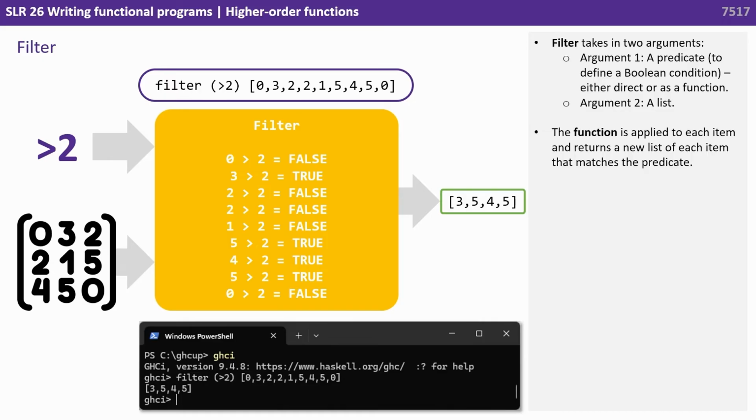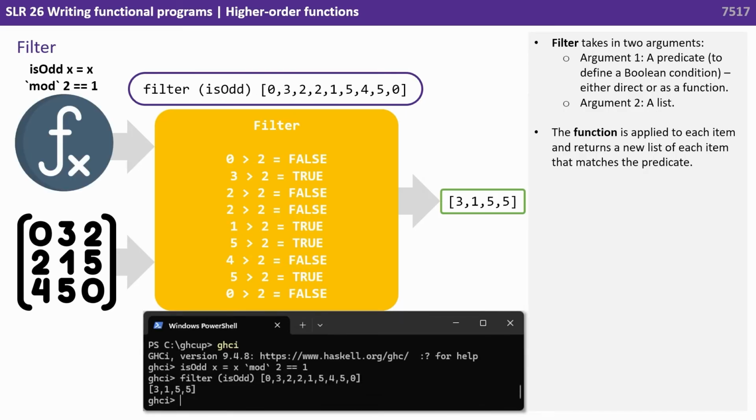So here we are filtering, we're using the command filter, and then brackets greater than 2 close brackets. So that's the condition that has to be met. We then supply the list, which is a comma separated set of values in square brackets, and the output is all the items from that list that match our condition. In other words, values greater than 2. And you can see the output on the diagram and again in the command prompt window.